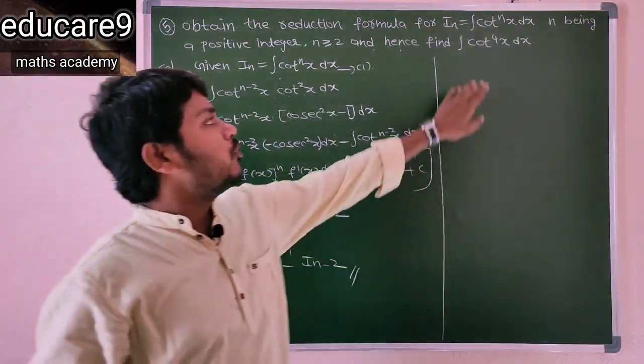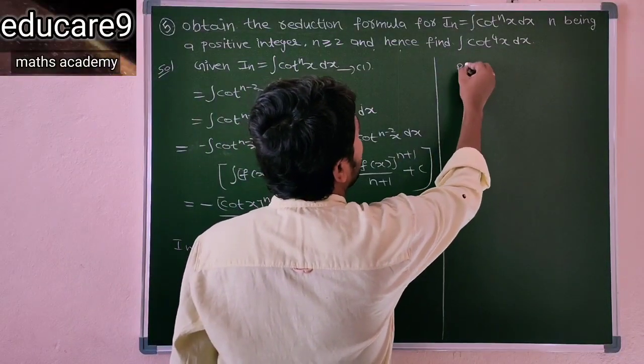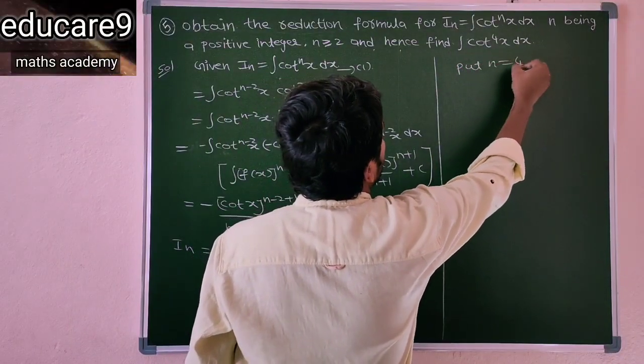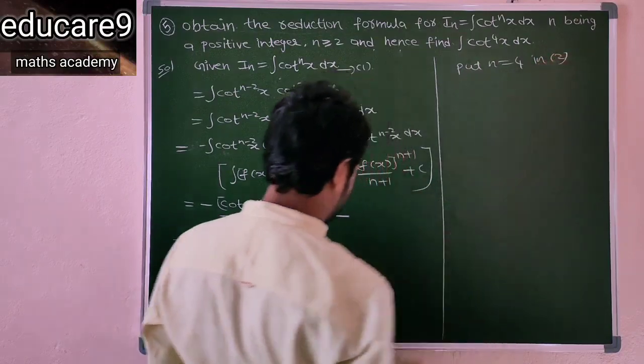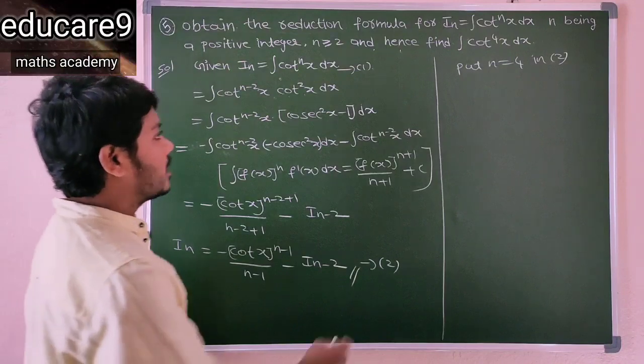So next you want to find integration of cot^4 x. So clearly put n equals 4 in equation 2. So this is equation 2. So what you get?